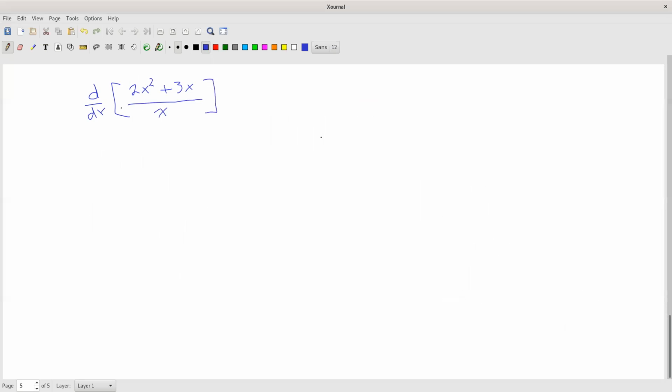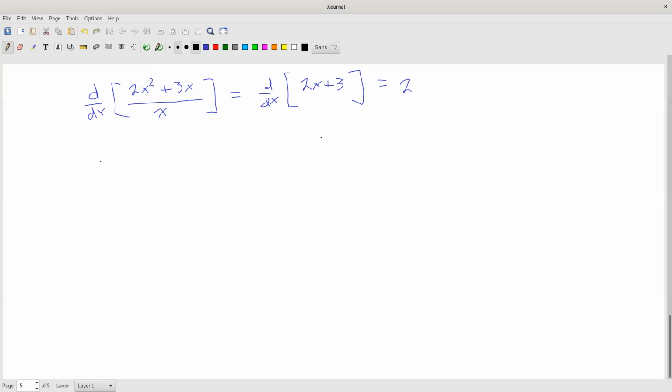So a note on that, I could do the division by x before I take the derivative. So that would just give me 2x plus 3, and that's a pretty easy derivative to take, right? The rate of change of that line, the slope of that line is just 2. But we're going to try the quotient rule on this messier version.